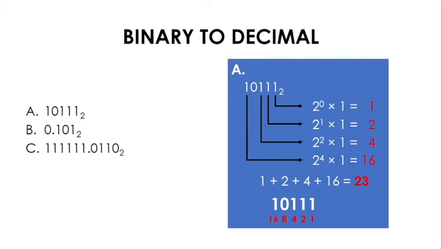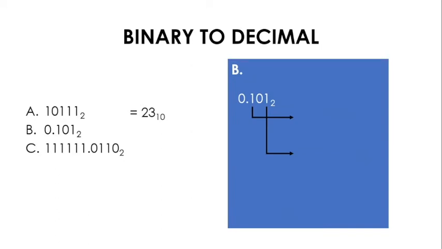After which, all you have to do is take the values of those with on values in the binary number you are converting. So you'll be taking 1, 2, 4, and 16, and that will be equal to 23. So the decimal equivalent of binary 10111 is 23.